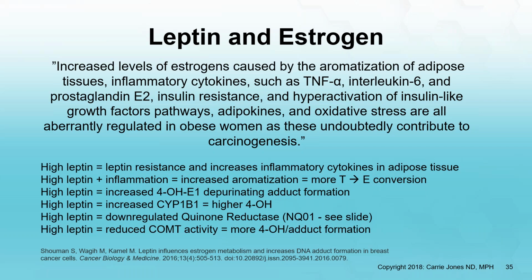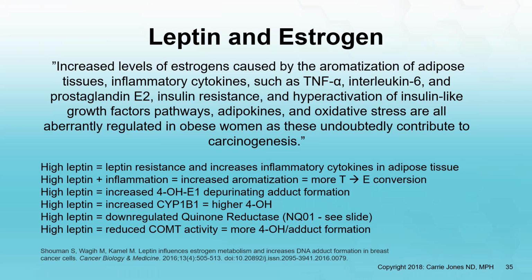If you have high leptin, it means the hypothalamus is not listening, or cannot hear it. The leptin is not able to cross the blood-brain barrier and get to your hypothalamus. So if you have high leptin, it's called leptin resistance, similar to insulin resistance, and you get increased inflammatory cytokines in the adipose tissue. The higher the leptin, the more resistance and the greater the risk of inflammatory cytokines.